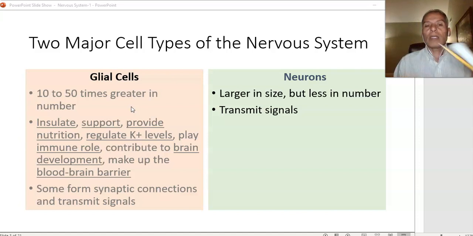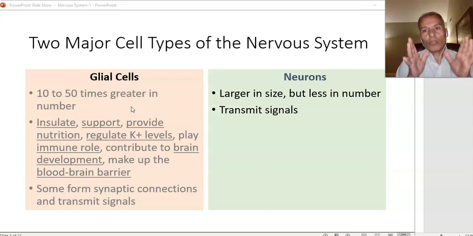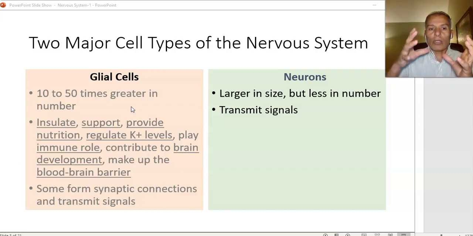The myelin is made by two kinds of glial cells that we will discuss. Glial cells also provide structural support to the neurons. They provide nutrition to neurons. They regulate potassium levels, for example, in the extracellular space around the neurons. They contribute to the protection of the immune system.